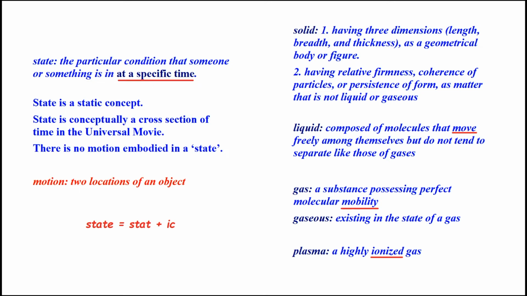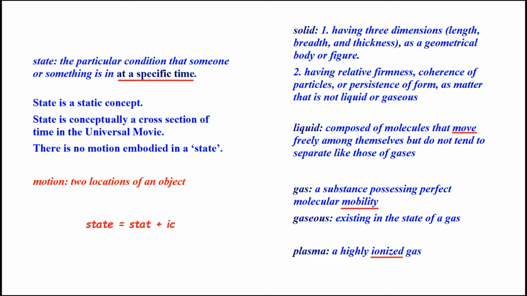And where was the problem? Well, if you look up the word solid, it says having 3 dimensions, length, width, breadth, and thickness, which are all 3 wrong. Thickness is not a dimension, and breadth is not a dimension either. It's length, width, and height. Breadth is a vector. It's not a dimension or a coordinate.